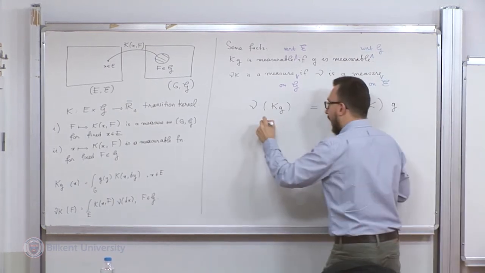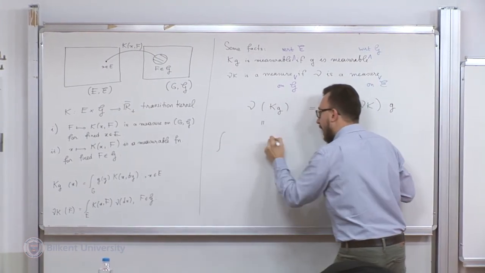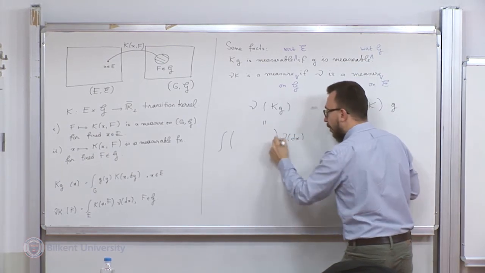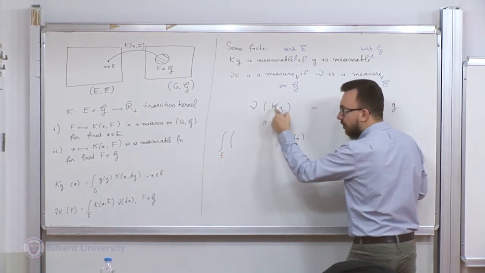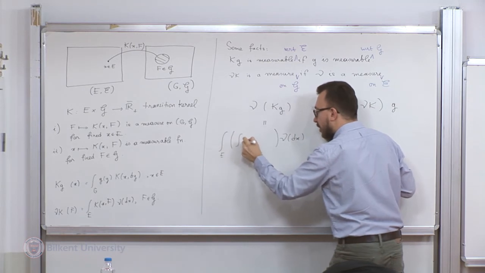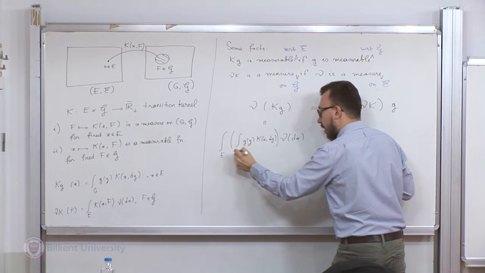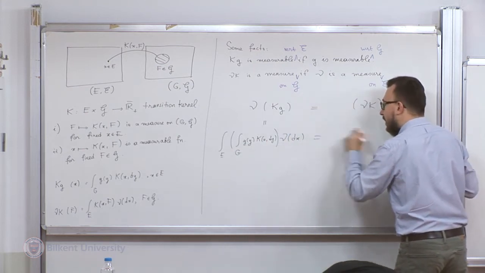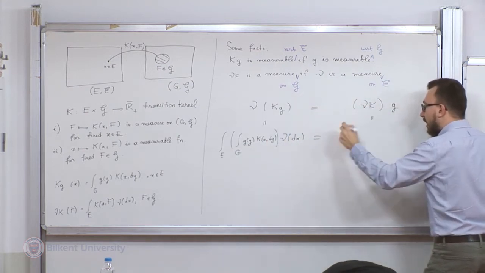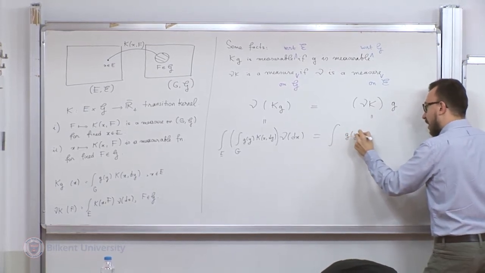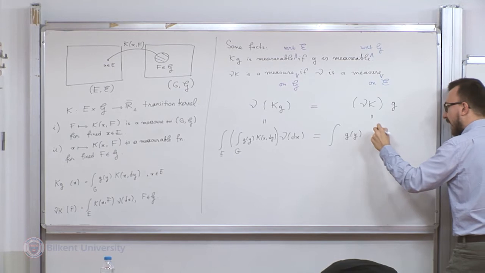So by this, I mean an integral of kg with respect to nu. And this definition of kg is just this, g of y kx dy, on one hand. And on the other hand, we have the integral of g with respect to nu k.